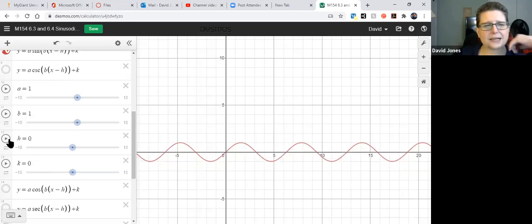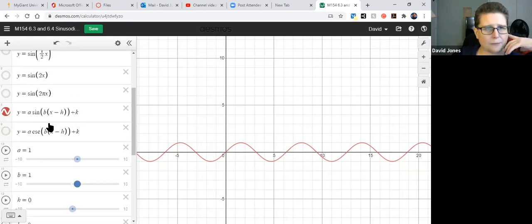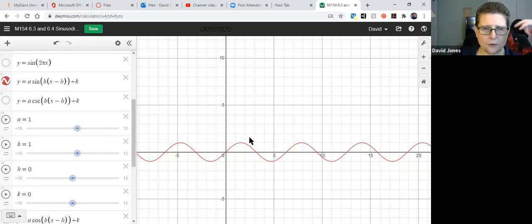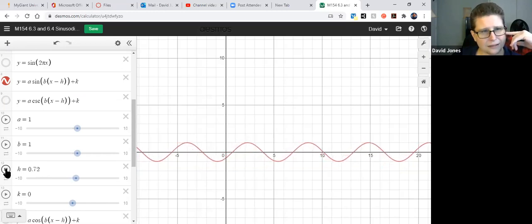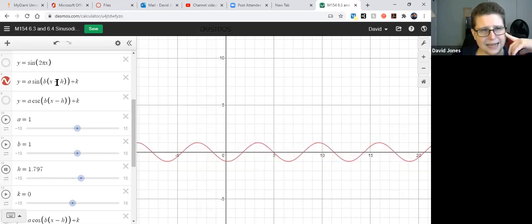And now as h increases, remember we're doing x minus h. So as h goes up, when we think of something going up, it goes to the right on the graph. But here, watch the graph. H is positive. This sign says negative, but as h goes up, it's moving in the positive direction.